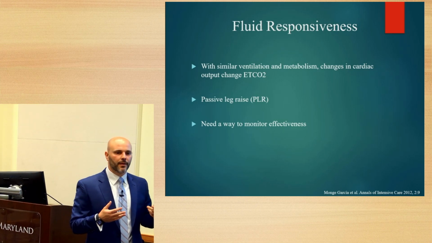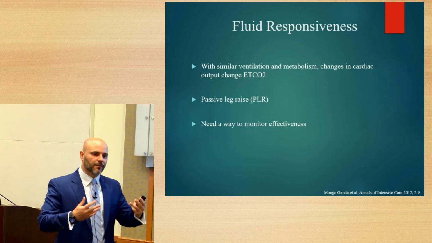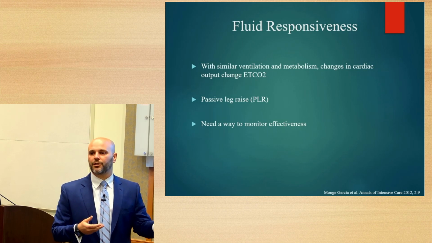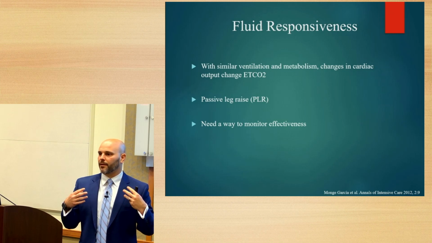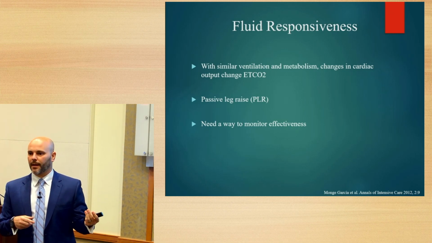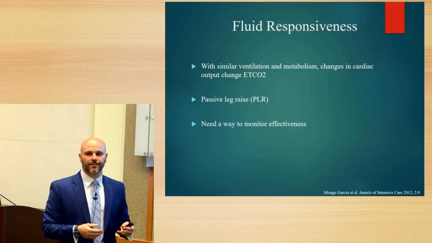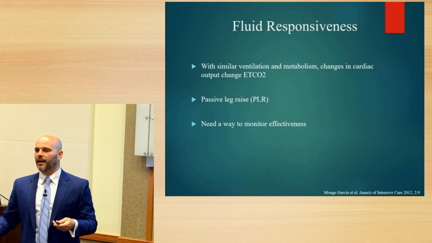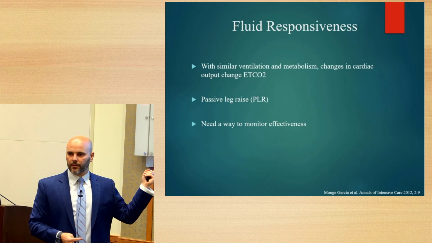So in the emergency department, even in the ICU, what we normally do, we've been shown that passive leg raise can simulate a fluid bolus, or we can just do a small fluid challenge and use dynamic measures, velocity time interval with a bedside echo, pulse pressure variability with an A-line, to see if that's going to affect hemodynamics. Problem is you need an echo with a program to calculate VTIs. You need an arterial line to calculate that. Why not do it with end tidal?